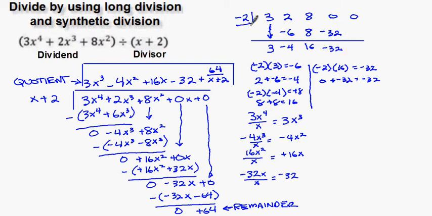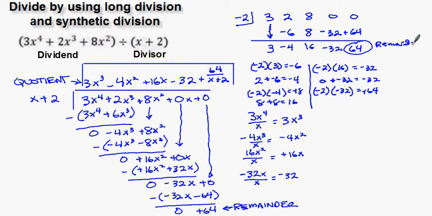And now I multiply -2 times -32, and that gives me a +64. Put the 64 in the second row, and I add, and I wind up with 64 as my last number. That is my remainder right here.